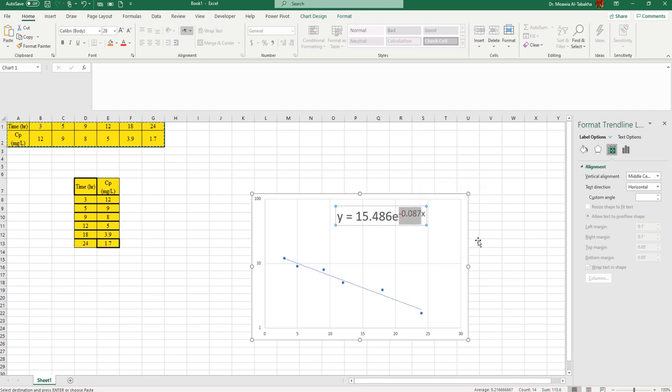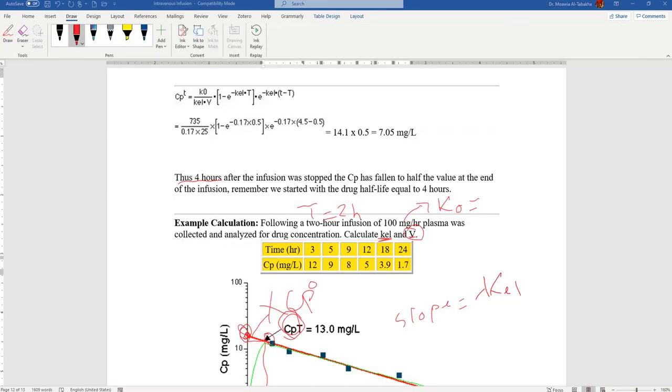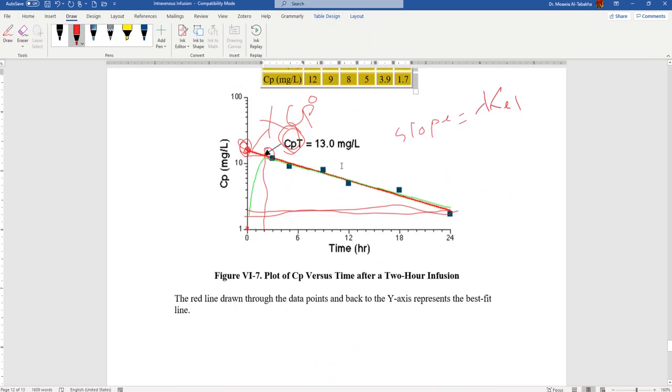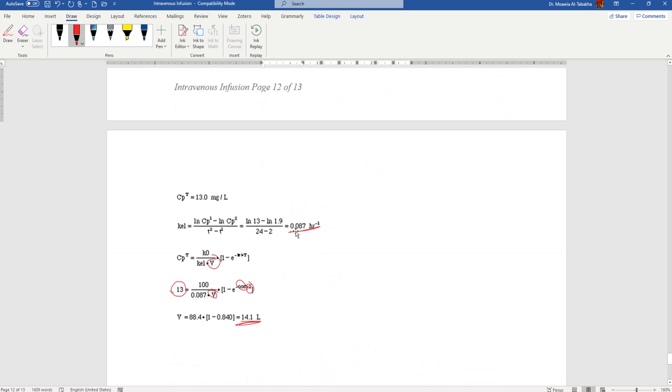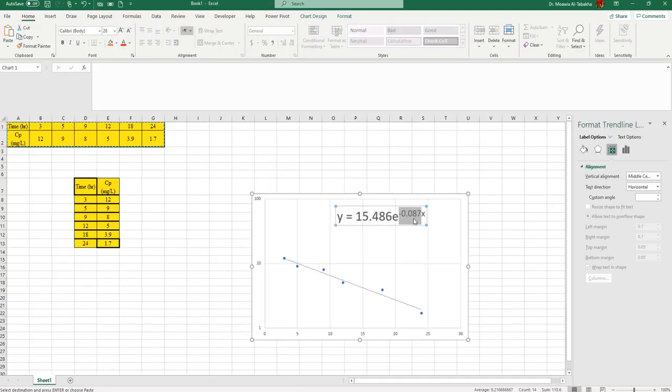Your slope is equal to minus 0.087. Let's go back and see it here. Yes, the slope will be negative, but KL is positive, so it's 0.087, same as this one. And what is this?